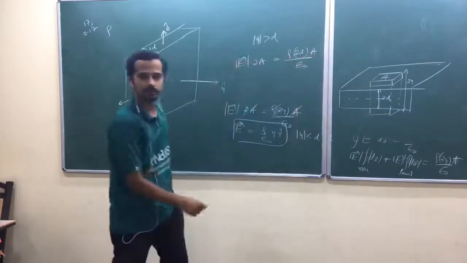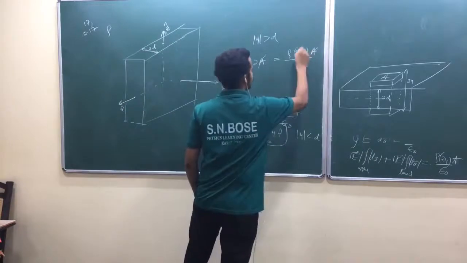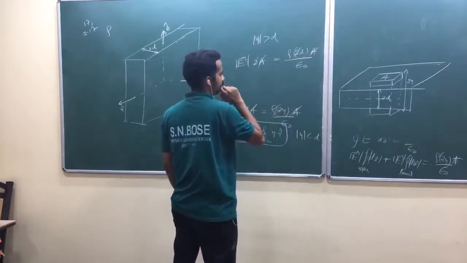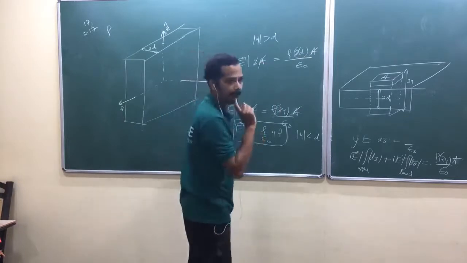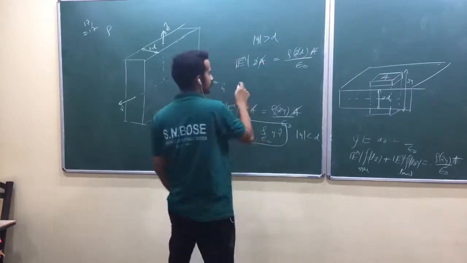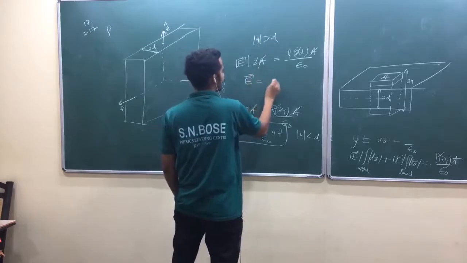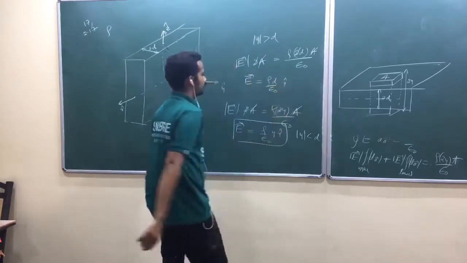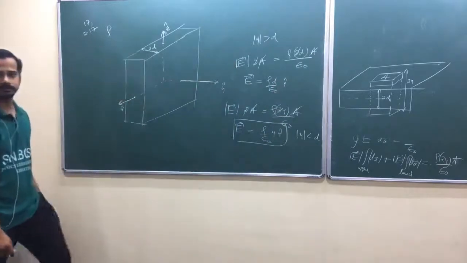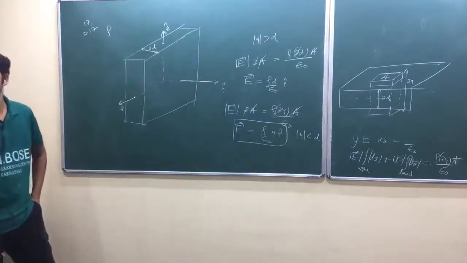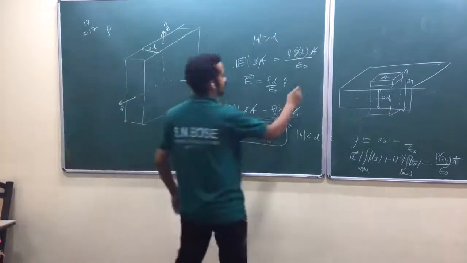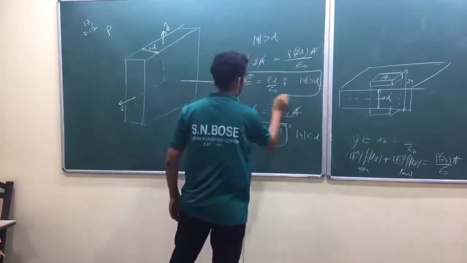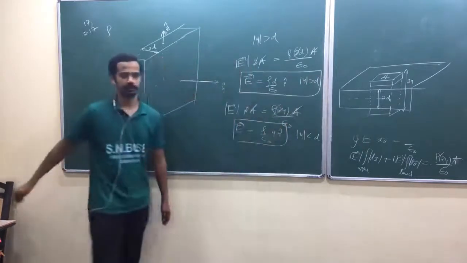That is your charge enclosed. So area got cancelled, 2 got cancelled. Something is missing. Constant. That's correct, I think. Electric field is equal to rho d by epsilon naught into y cap outside, when mod y is greater than d, and when mod y is less than d.